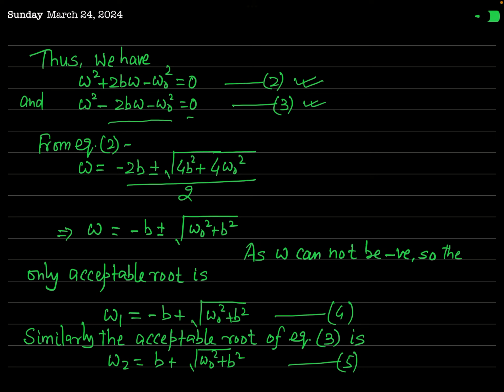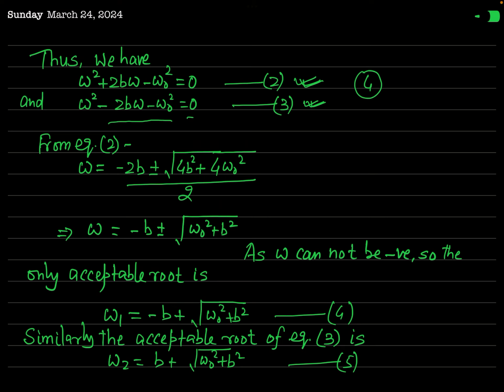So you can see now we have two quadratic equations in terms of omega. Okay, and you know each quadratic equation actually has two roots. So we will have two values of omega from solving equation 2, and again when you solve equation 3, you will get two values of omega. So as a whole there will be 4 values of omega.